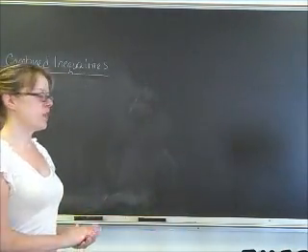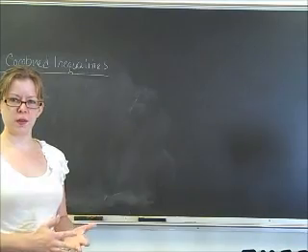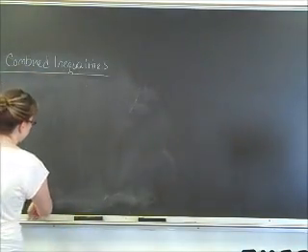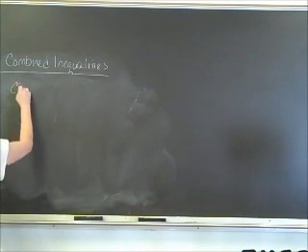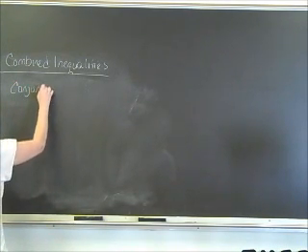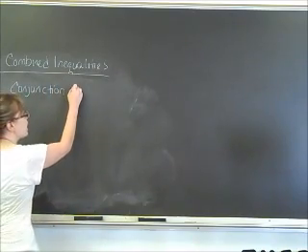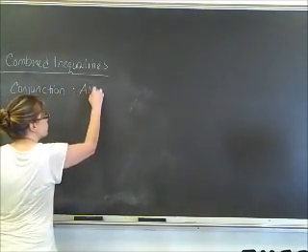So we need to start with a couple of vocabulary words. These are kind of scary words, but the ideas are a lot easier than you think they're going to be. The first one is called a conjunction. Conjunctions rely on the word and.